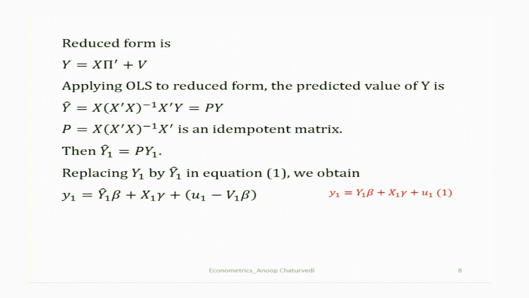Then reduced form is capital Y equal to x pi transpose plus V. Then we apply OLS to the reduced form, and then the predicted value of y is y hat equal to x, x transpose x inverse x transpose y.